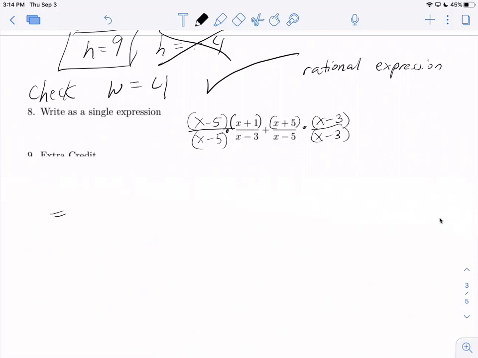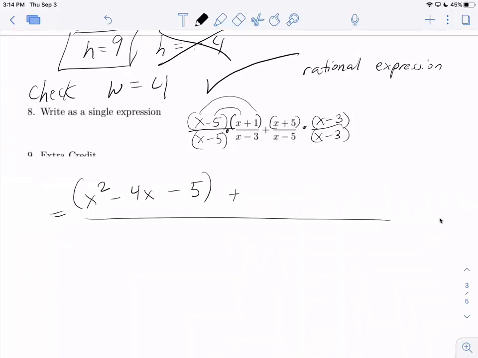So the first expression we have x squared minus 5x plus x. So if I do that, then I'm going to tell myself, oh, I have minus 4x, and then it's minus 5, plus, and I'll maybe put this in parentheses here, x squared plus 5x minus 3, that's going to be plus 2x minus 15.